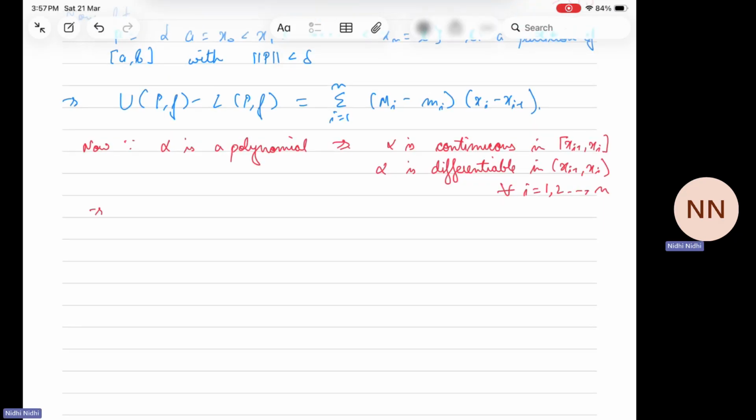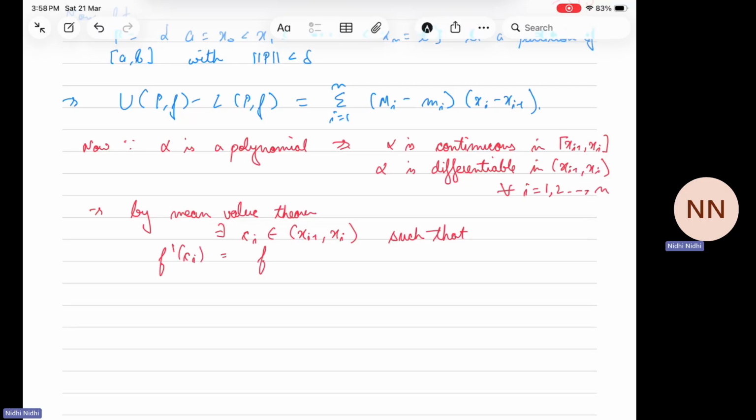the mean value theorem, we can always find some c_i in the open interval x_{i-1} to x_i such that this f dash c_i is equal to f(x_i) minus f(x_{i-1}) upon x_i minus x_{i-1}.